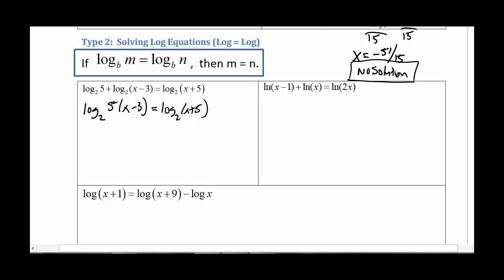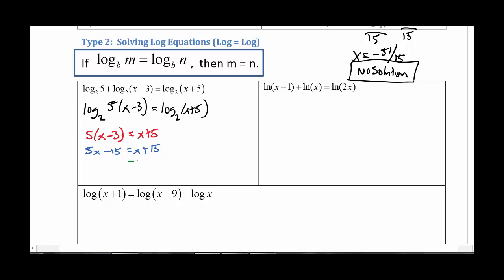And now that I've got the outsides to match, I want to get the insides to match too. So my equation is going to look like 5 times x minus 3 equals x plus 5. All right, so now I just want to use my algebra skills. So we'll distribute the 5 in, so 5x minus 15 equals x plus 5.